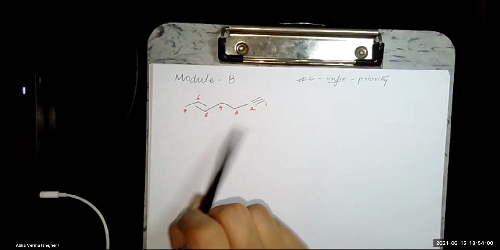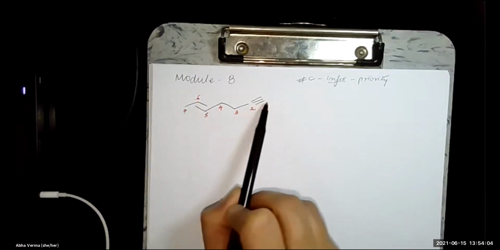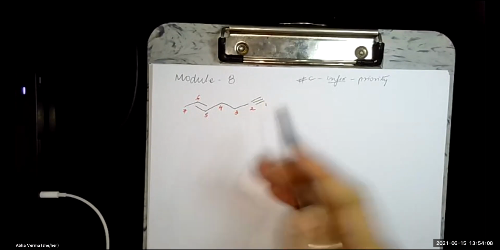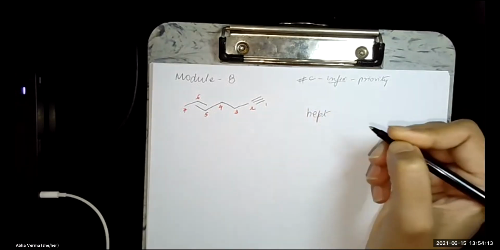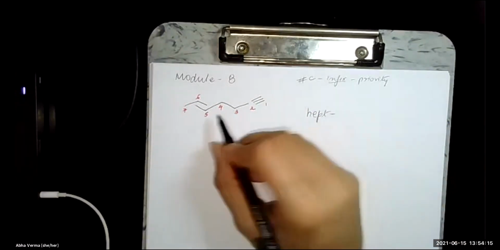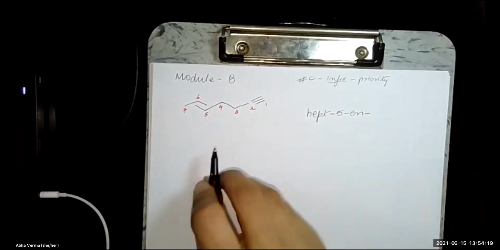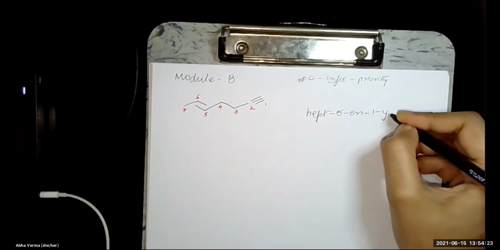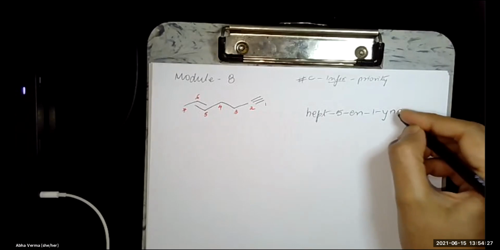It's very different. This would have been at 2 position, but this is already at 1 position. So the name of the structure will be hept. On the 5th position, I have my alkene, so en. And on the 1st position, I have my alkyne. No other priority in the group, so it is an E.